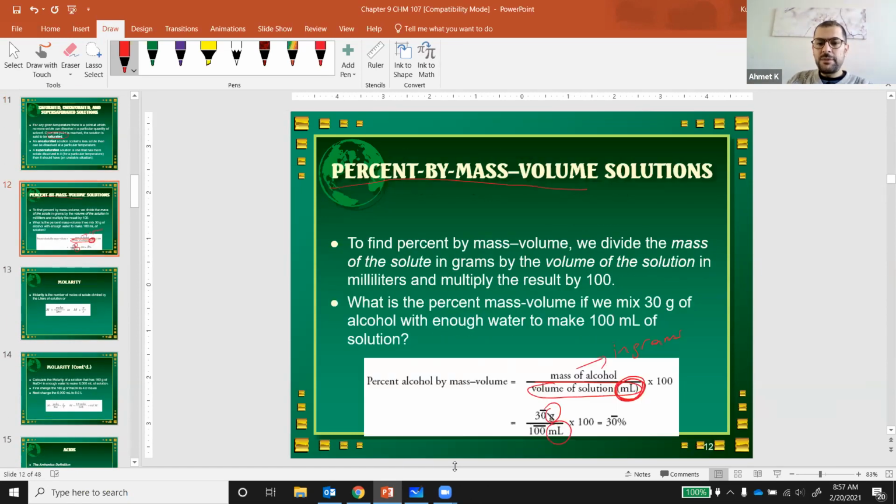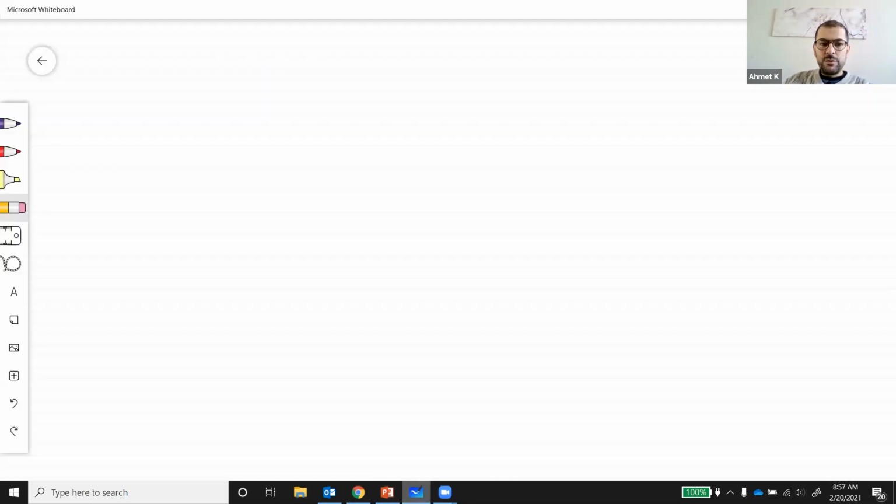So let's do actual examples here. I don't have any examples here. Let's go back to my whiteboard and see if I have any. Hopefully I will. Let's do a quick example: 90 grams of sodium chloride in 1.5 liters of solution. Find the percent mass volume.